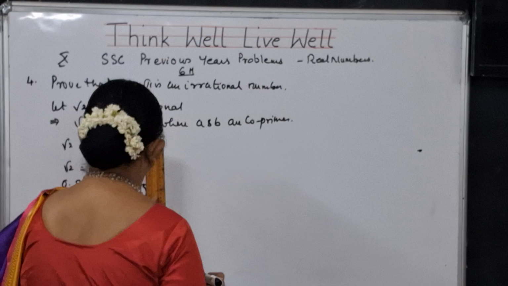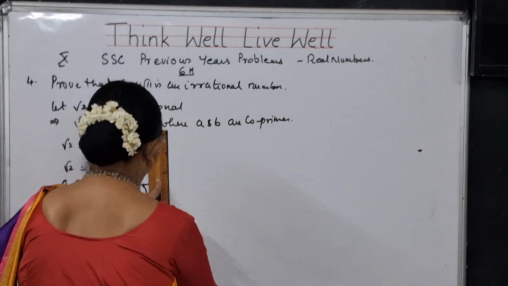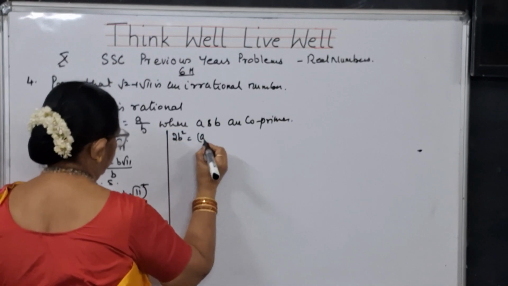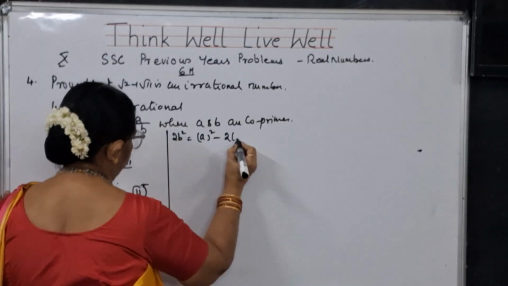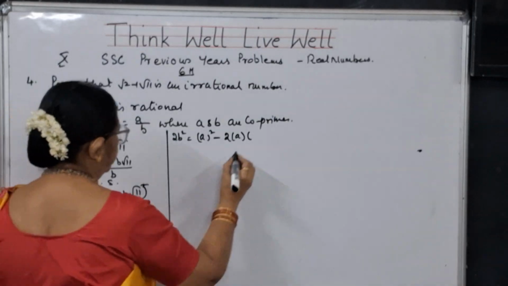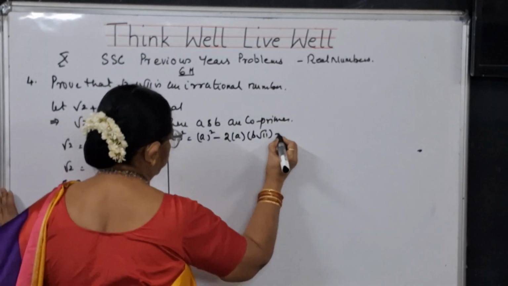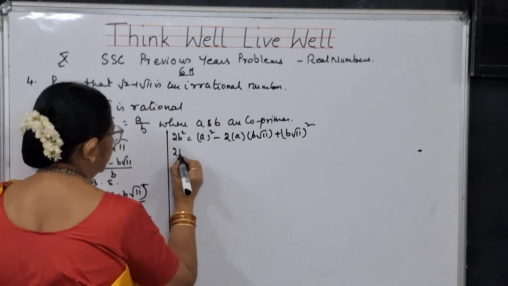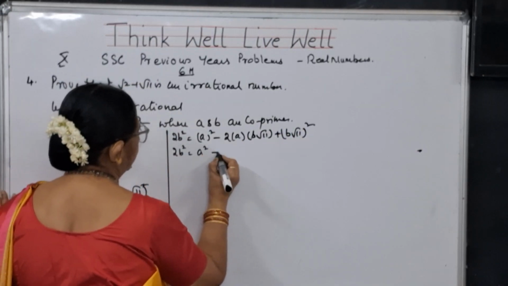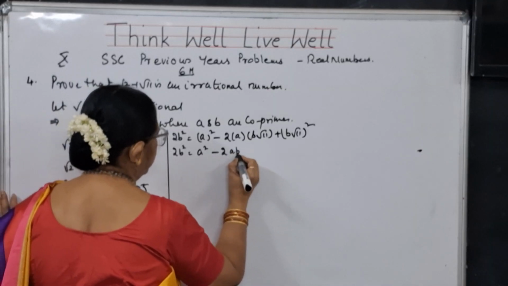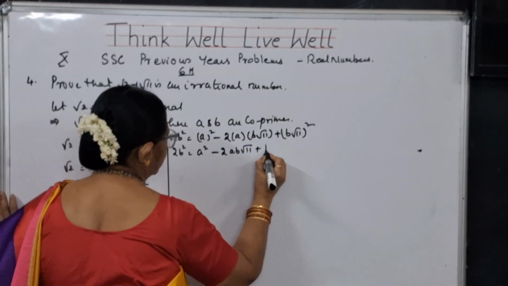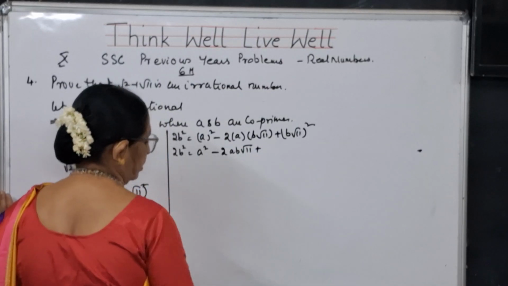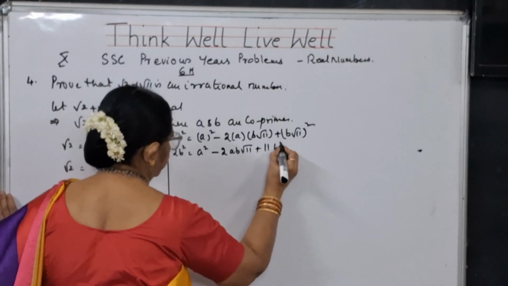That means 2b square is equal to a square minus 2 into a into b root 11 plus b root 11 whole square. That means 2b square is equal to a square minus 2ab root 11 plus 11b square.